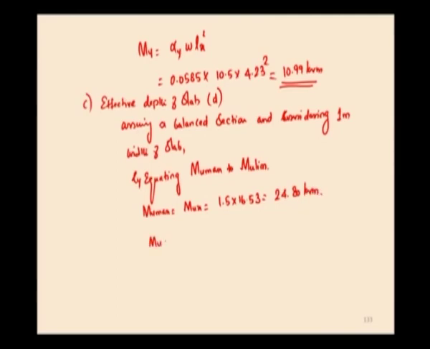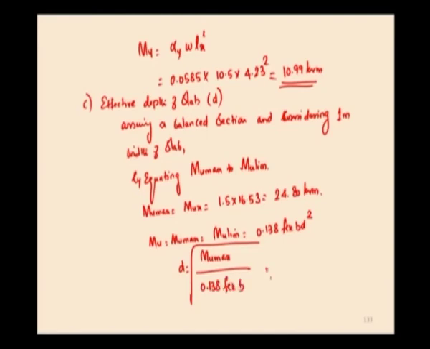So, Mu equal to Mu maximum equal to Mu limit, that is equal to 0.138 fck b d square, where d is equal to square root of Mu maximum divided by 0.138 fck b, that is equal to 24.80 into 10 to the power 6, I convert kilonewton meter into Newton millimeter, divided by 0.138 into 20 into 1000. The value here is 94.74 millimeter.